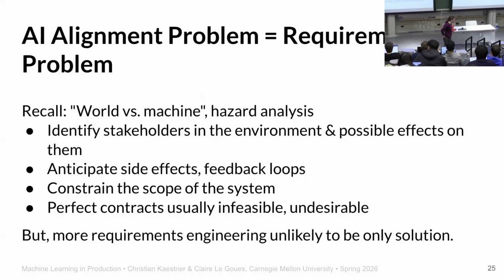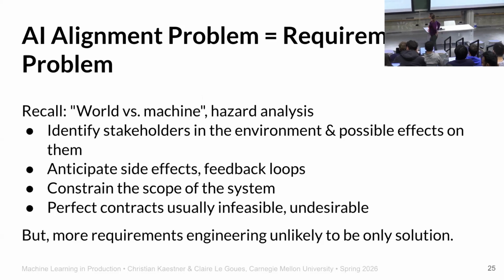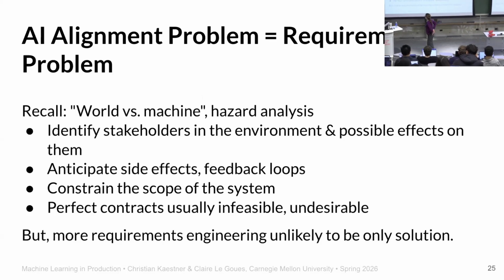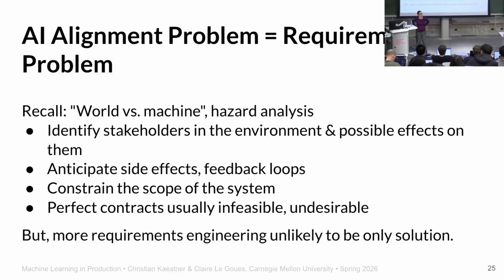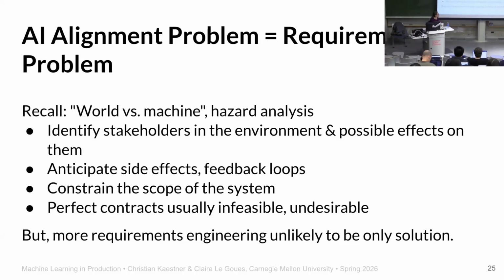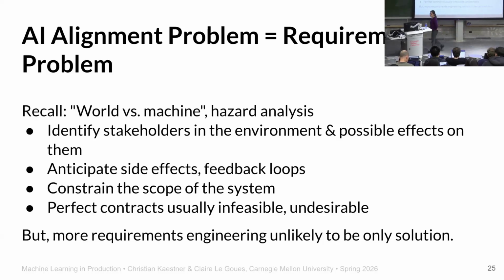You should take the box from point A to point B without running into anybody, right? Doing this via requirements allows you to do things like anticipating side effects, doing fault-tree or hazard analysis to anticipate negative things, and build that into your objective function to try and constrain scope and minimize harm, right? This is a good thing to do. Please do it. It probably won't solve all of the problems.